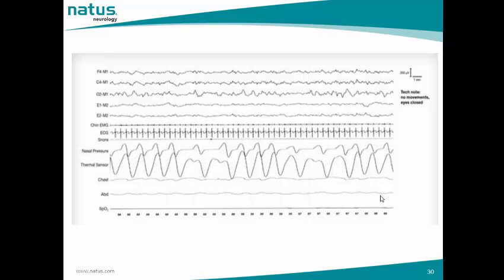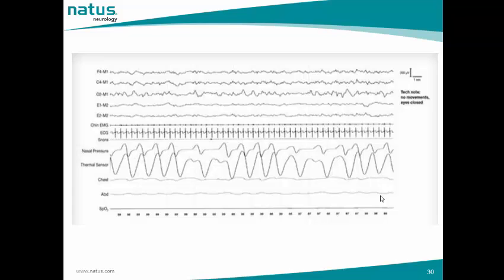However, there are two characteristics of stage non-REM, which are the no rapid eye movements and the absence of the behavioral movements.